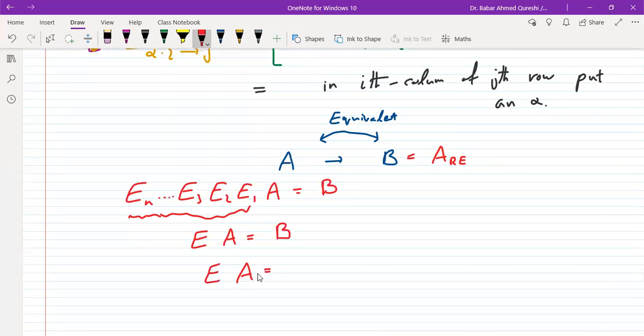I must be able to do it, because I know that row operations can always take me to the reduced echelon form, and row operations can be achieved through elementary matrices.